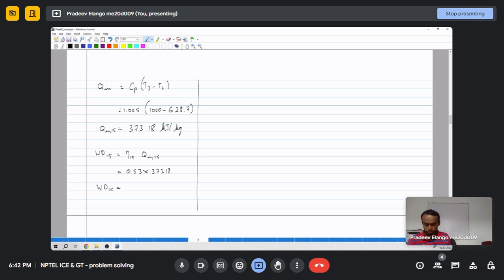Sir, 197.78. 197.78 kilojoule per kilogram. So this is the specific work output when the pressure ratio is 15, and similarly we need to calculate for the other values.